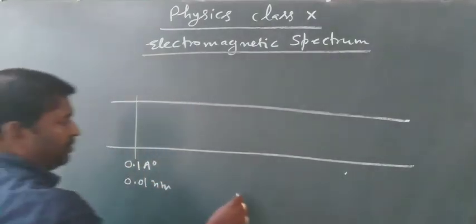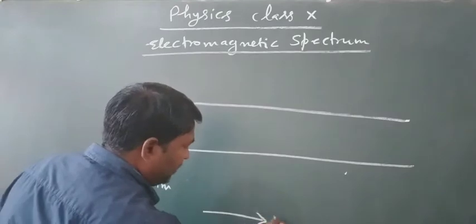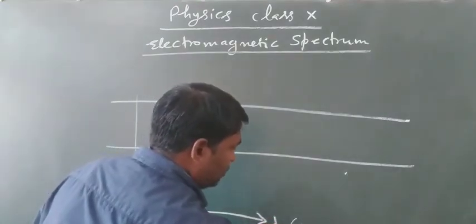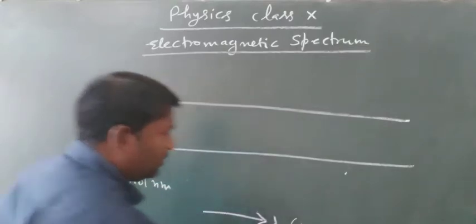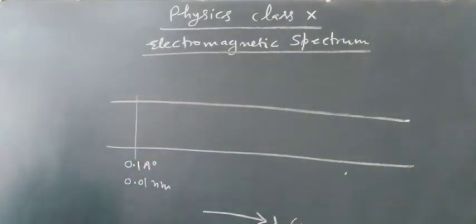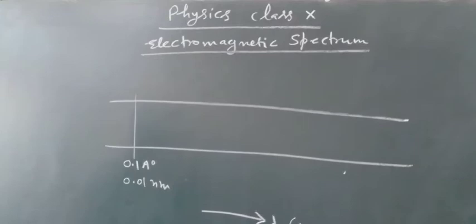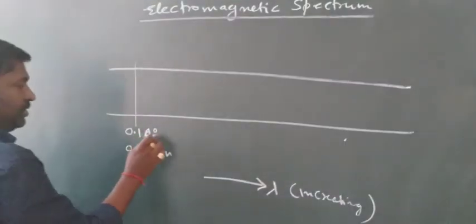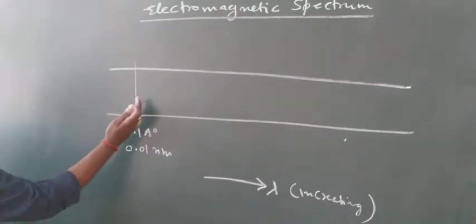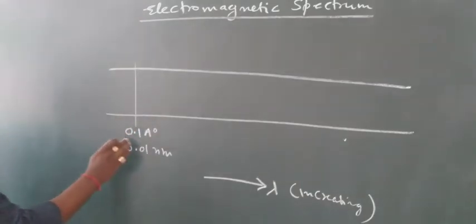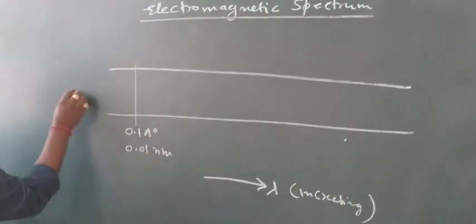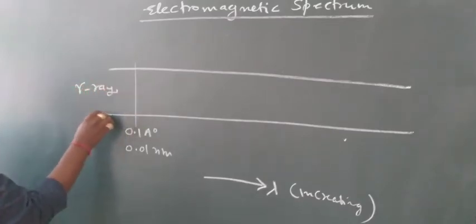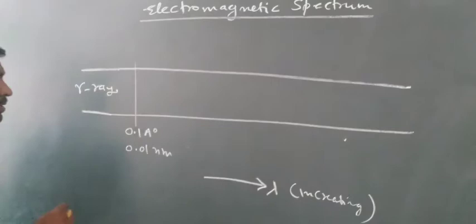Here we are showing wavelength in increasing order. So the wavelength less than 0.1 angstrom is said to be gamma ray.